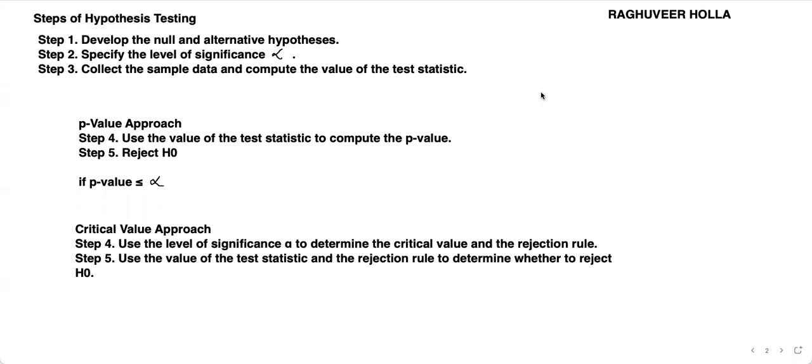And step five, use the value of the test statistics and the rejection rule to determine whether to reject H naught. So let us solve the problems on this. Okay. These are the steps.